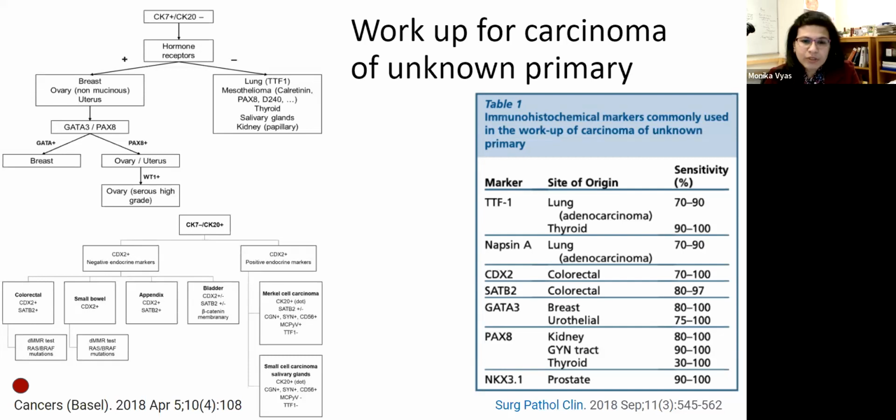And then the CK20 positive arm of the algorithm would focus more on the lower GI tract. So you try to localize whether it could be colorectal or small bowel or appendiceal origin. A lot of times we can't tell, because all of these will be CDX2 and SATB2 positive.